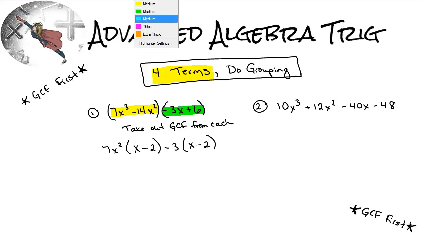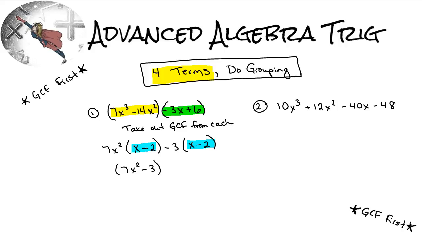And that's not a coincidence that these came out the same. So then we rewrite 7x squared minus 3 times x minus 2. So 7x squared minus 3 goes together in that parenthesis, and then you just write x minus 2 once. So that is our final answer for number 1.